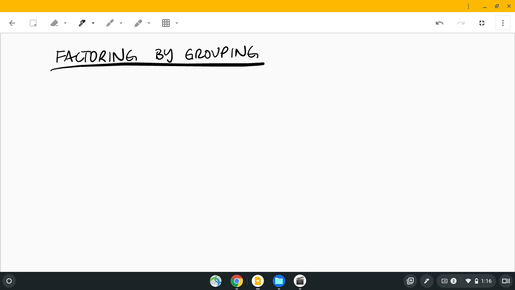Okay, last part, factoring by grouping. Okay, so this one, you can tell when you're going to be using this because usually there are 4 terms. Not always, but usually.